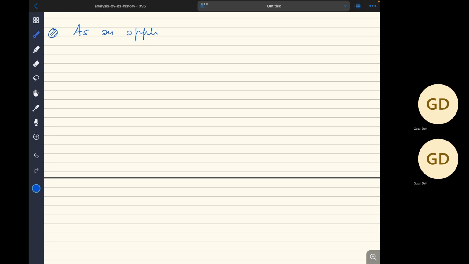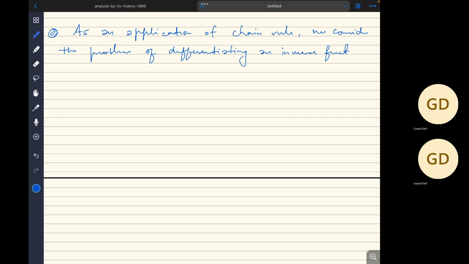As an application of the chain rule, we consider the problem of differentiating an inverse function, if the inverse exists.